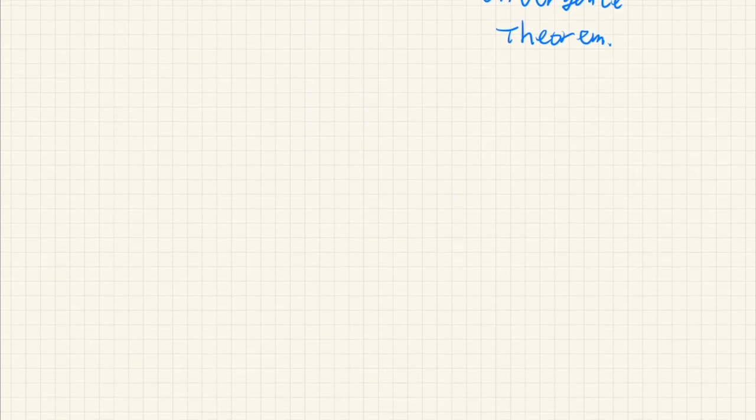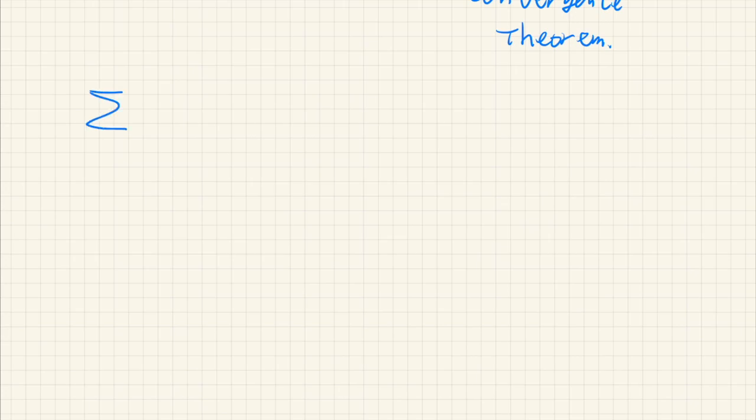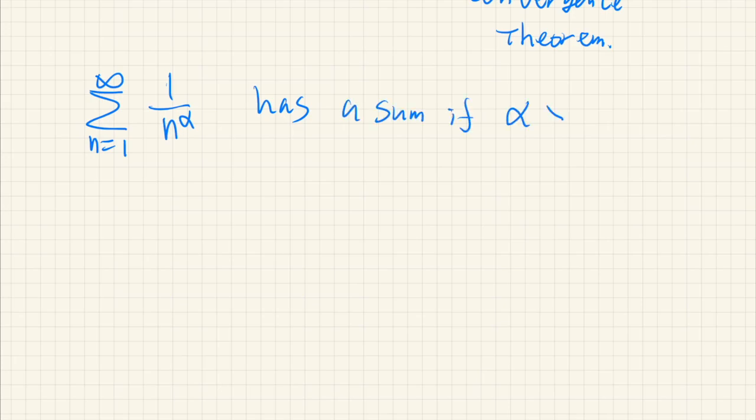Let's see an example. Consider this series, the sum from 1 to infinity of 1 over n to the power of alpha, which has a sum if alpha is greater than 1. Let's show this.